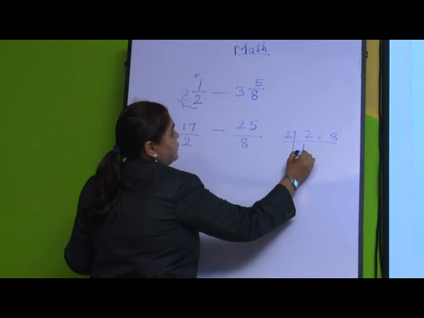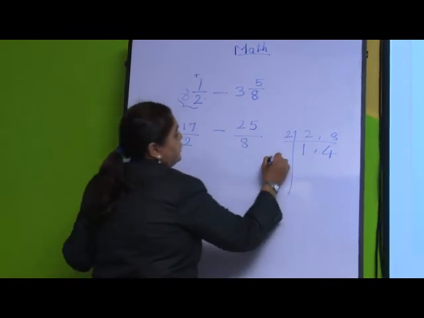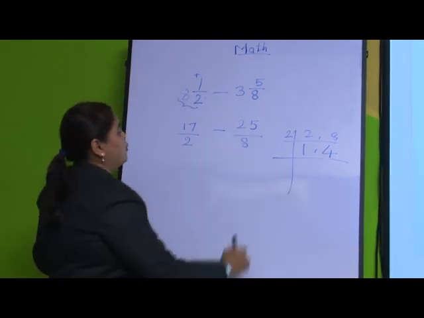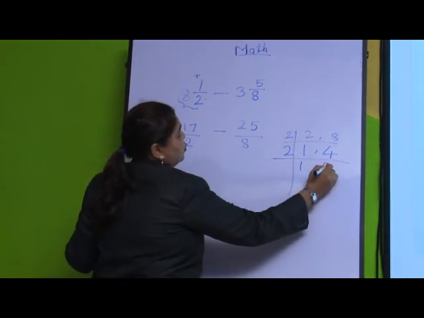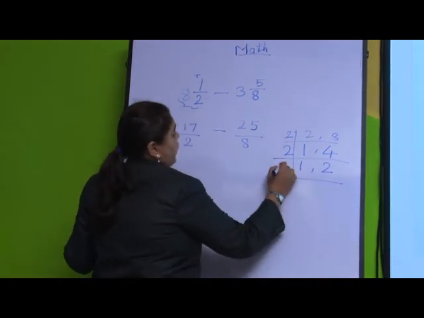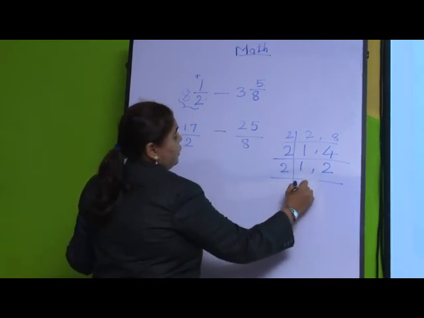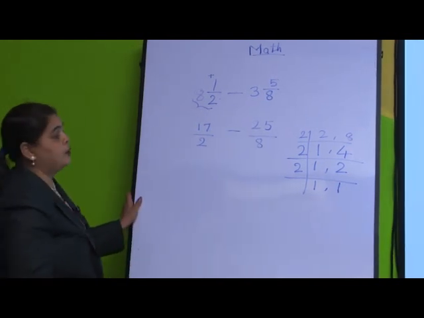2 ones are 2, 2 fours are 8. Yes. Now, again we are having an even number here, so again I have to go for 2, write 1 as it is, 2 twos are 4. I will go for 2 again, write 1 as it is, 2 ones are 2. Now, how to find out the LCM?